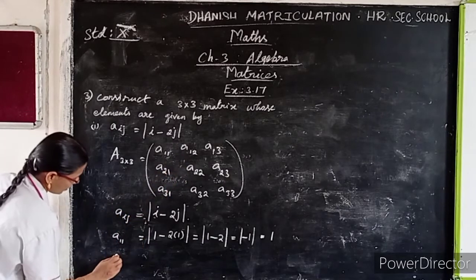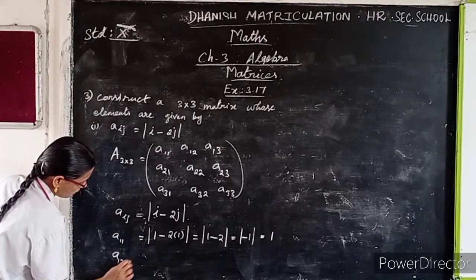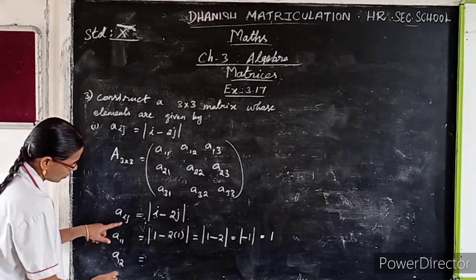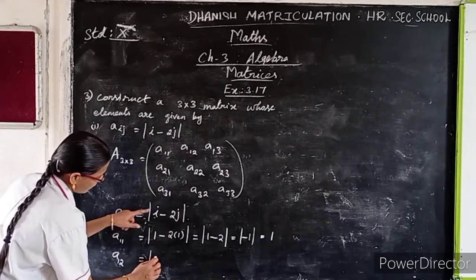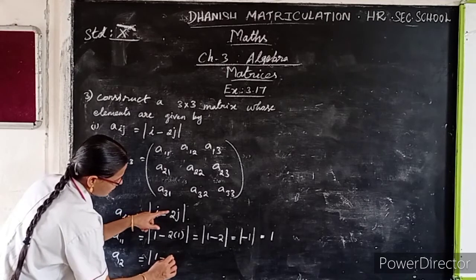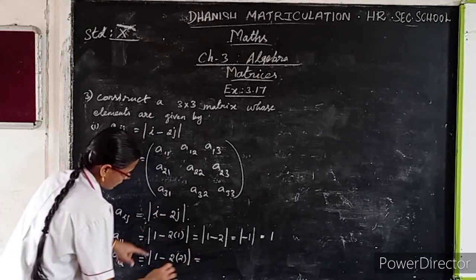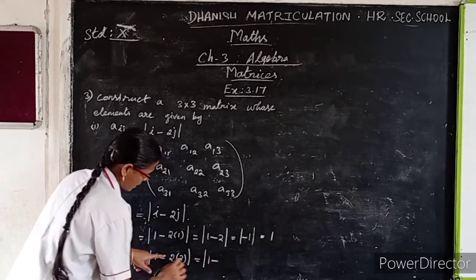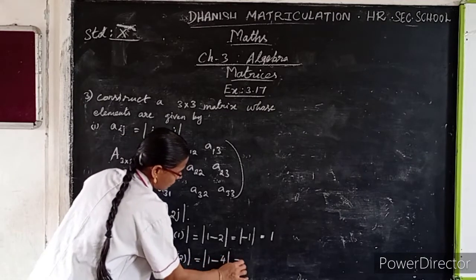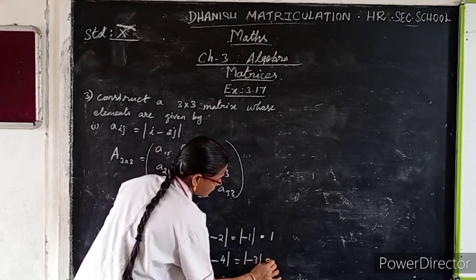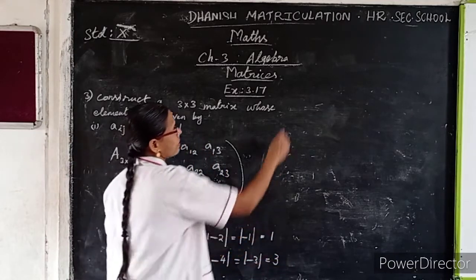Then A12. Here i is 1, j is 2. Substitute: i is 1, minus j is 2 into 2, equal to modulus of 1 minus 2 2s are 4. So 1 minus 4 is minus 3. Modulus of minus 3 is only 3.